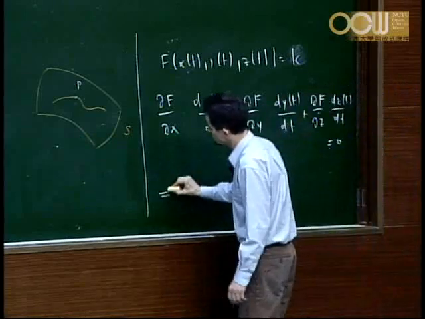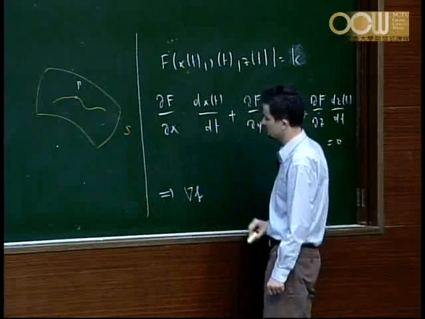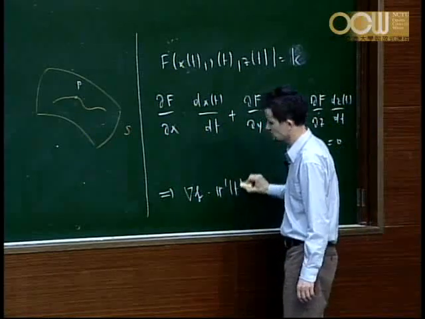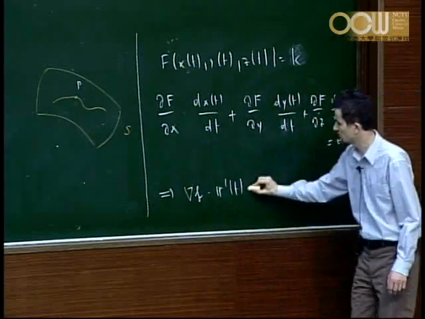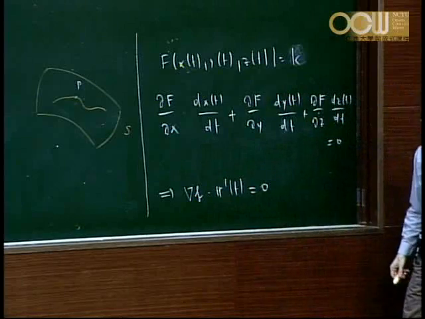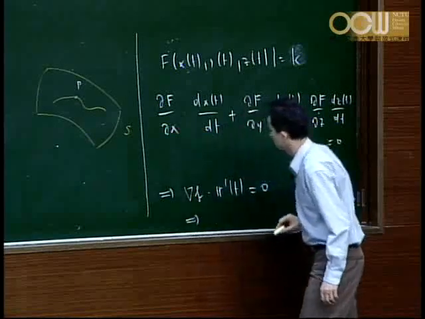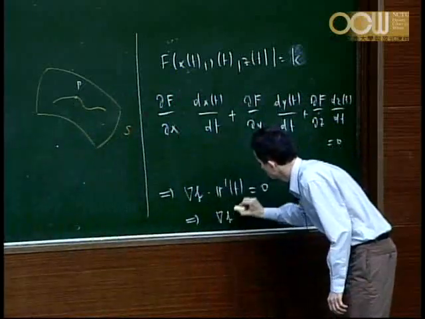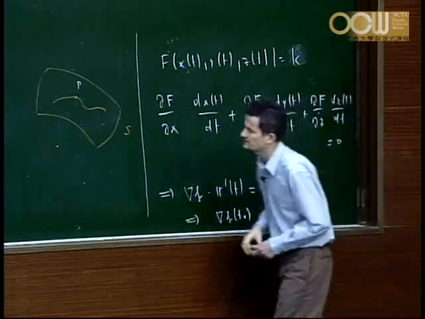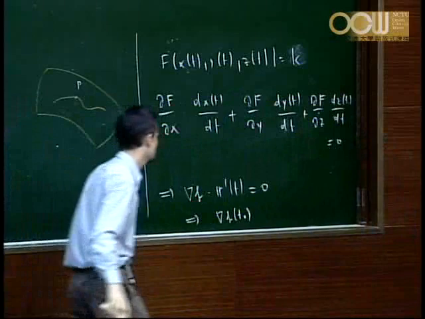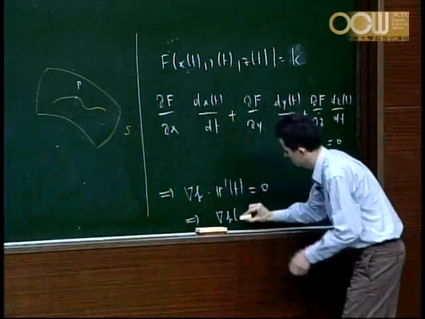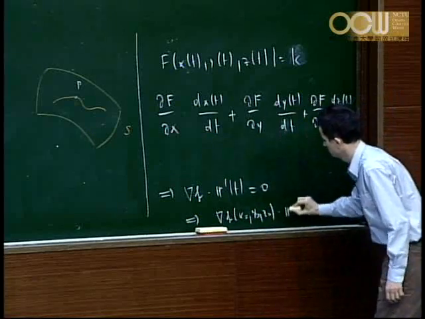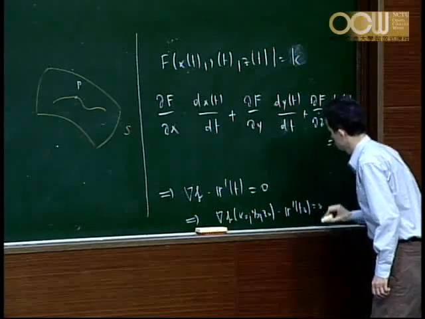Now, you can shortly write this as the gradient of f inner product with the derivative of our vector function, as we have defined it previously, equal to 0. So in particular, at the point t0 you are here, that the gradient at (x0, y0, z0) of f times r'(t0) is 0.